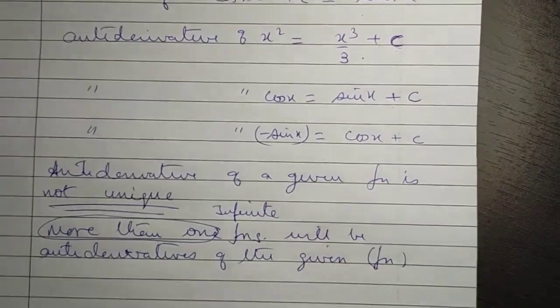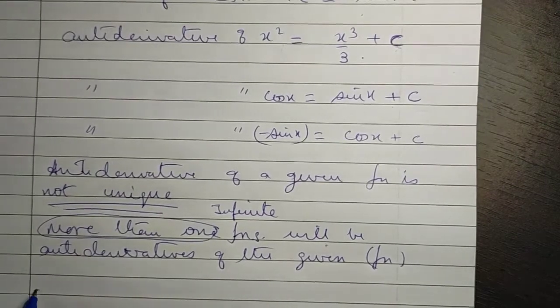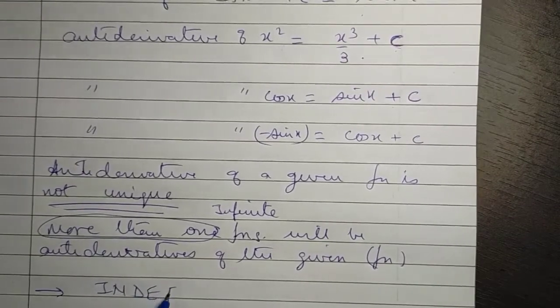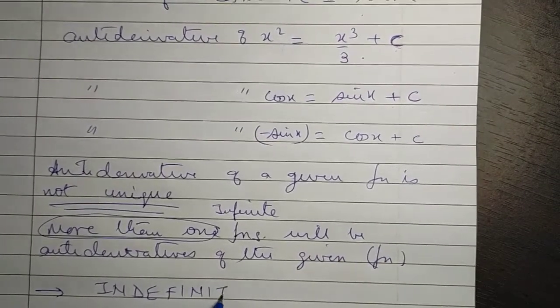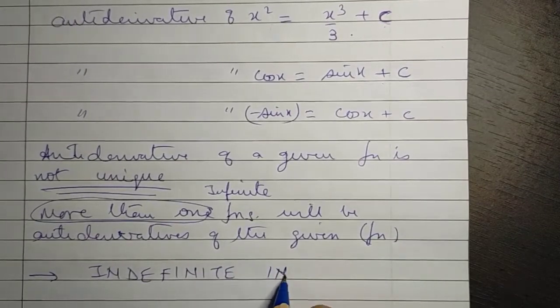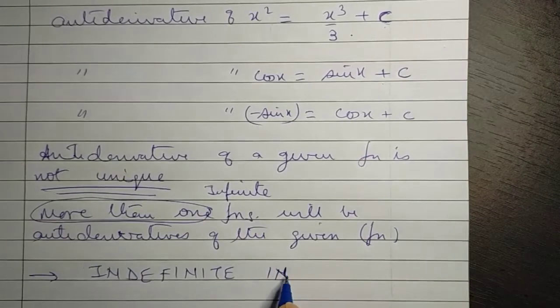Okay, now in fact it's not even more than one, it is infinite functions which will be antiderivatives of the given function, and so this concept is called the indefinite integral, or the antiderivative, and the process is called indefinite integration.